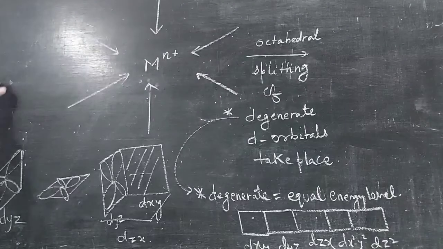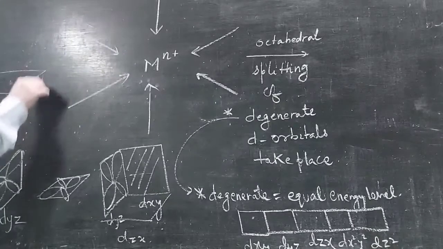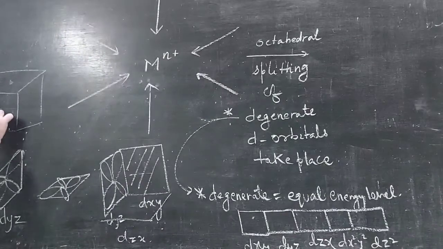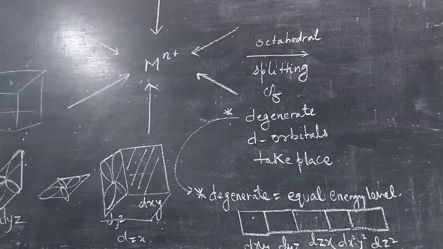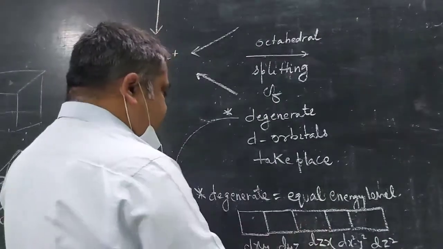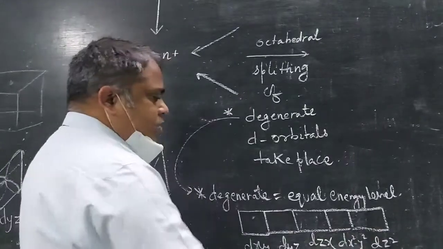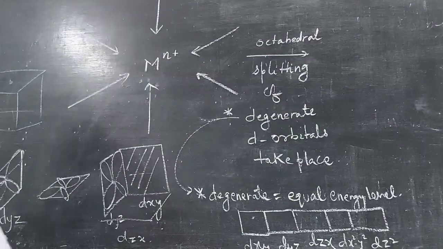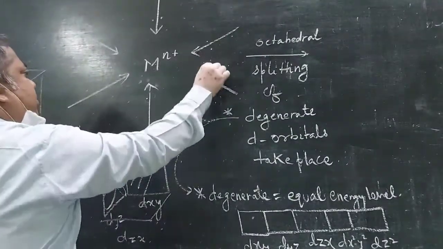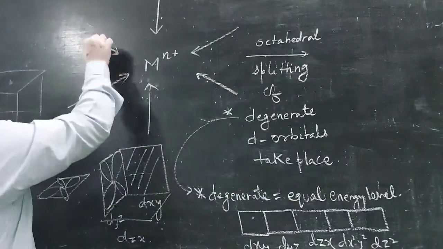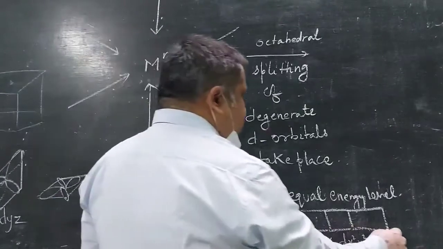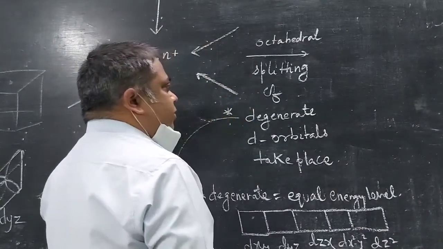So these all can be shown in three-dimensional space. But if you show them all together, it will become cluttered, so we can see only one at a time. The dxy, dyz, dzx, dx square minus y square and dz square are of equal energy level. Now what happens when the ligands come from directions octahedrally? Octahedral splitting takes place such that these two orbitals go to higher energy level.